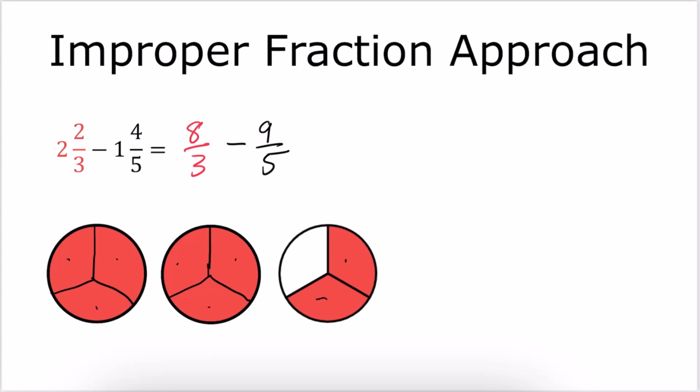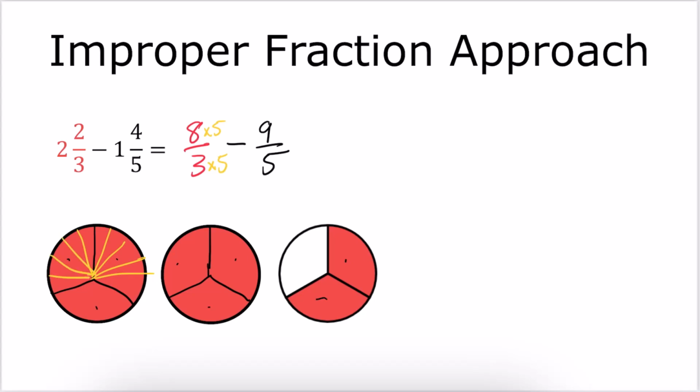Now, to be able to subtract these, I need fractions that have the same denominator. So the least common multiple of 3 and 5 is 15, which also happens to be what 3 times 5 is. So I'm going to convert the thirds into 15ths by multiplying by 5, which basically means that I'm splitting up each of these. Whoops, I think that's too many lines.